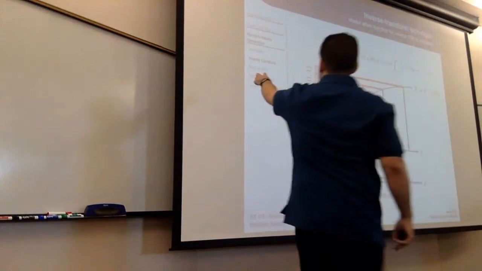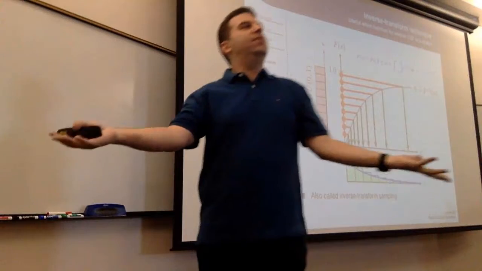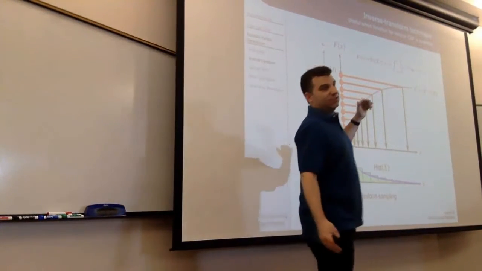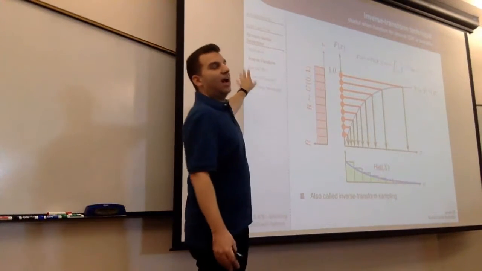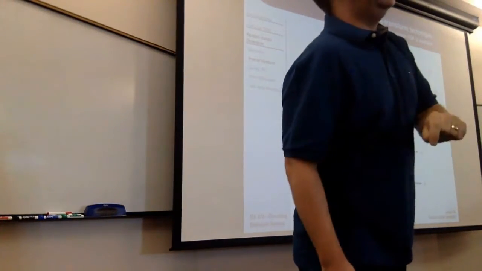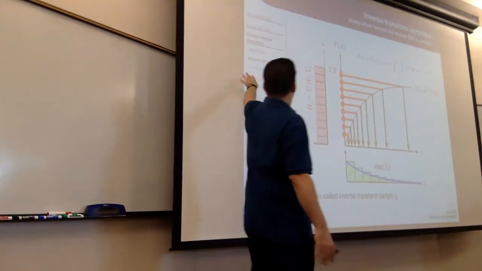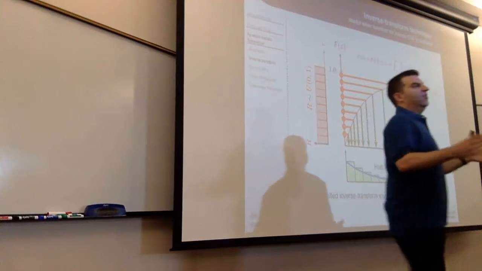The rest are just there for those of you who might be kept up at night wondering what to do when you can't use the inverse transform method. These other slides are just here to say there are other avenues, but you're not going to have to worry about doing them in this class. In other classes you will, but I just want to show you that there are some other things. If we get there, that's great. If not, focus on continuous and discrete inverse transform.